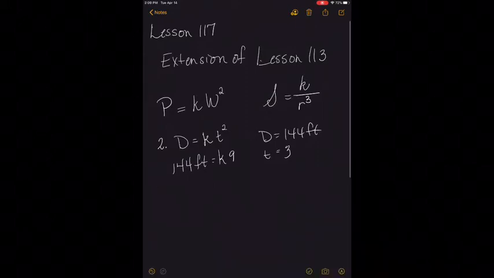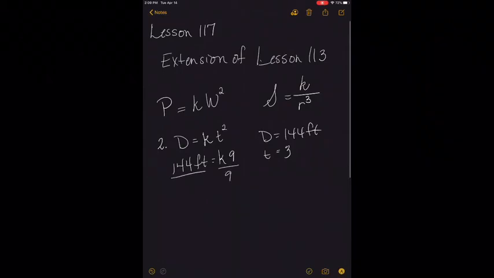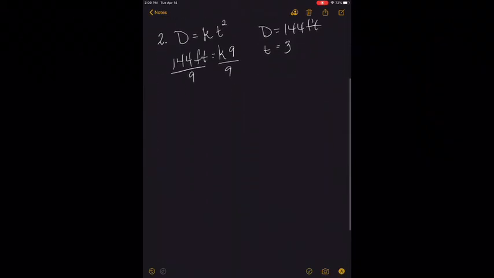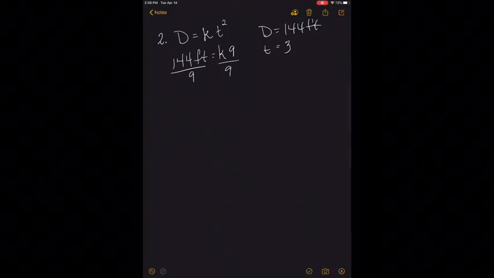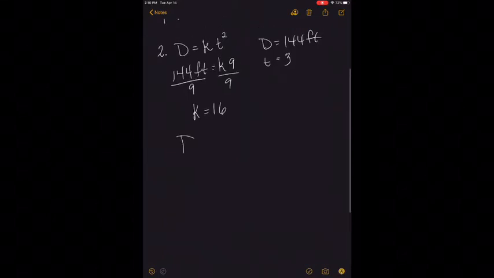So let's find what K is first. When we divide both sides by 9, we find that K equals 16. So the question is, how far will it fall in 10 seconds?